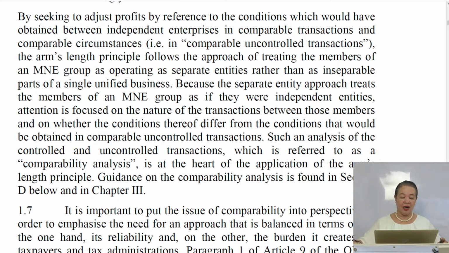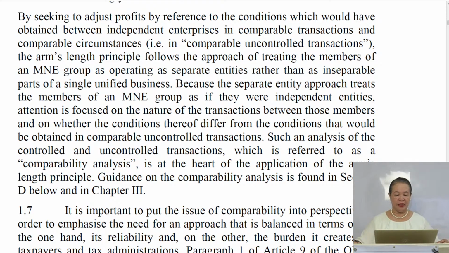So that is the comparability analysis, because you have to compare. And in comparing, you have to adjust. After the comparability analysis, whatever information you derive from it, the next thing you are going to do is adjust.